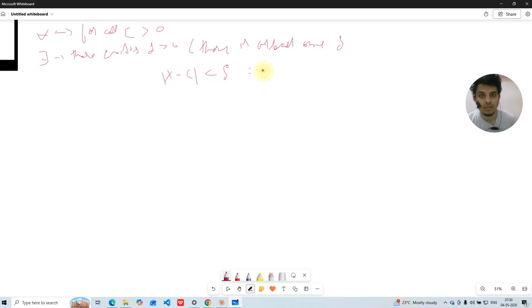This implies that |f(x) minus f(c)| is less than epsilon. Let f be continuous at a point.